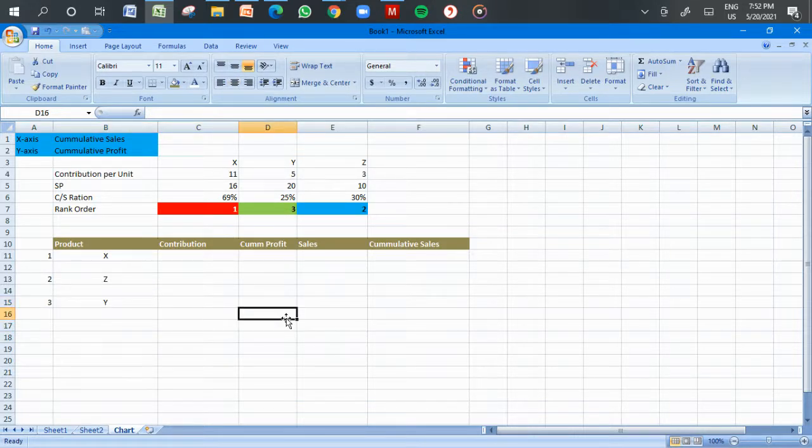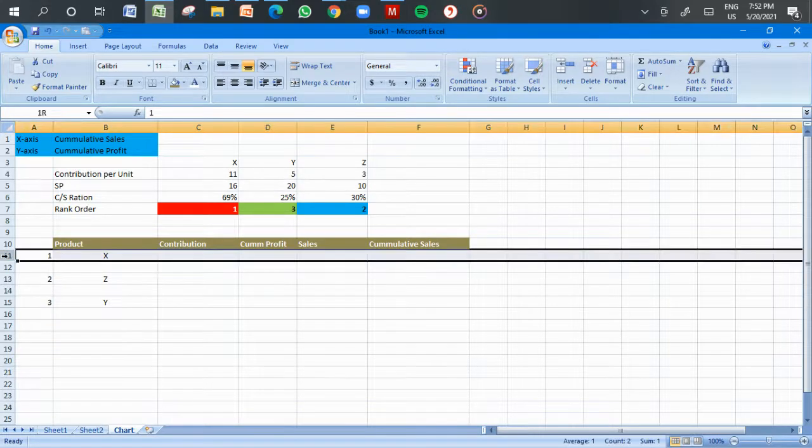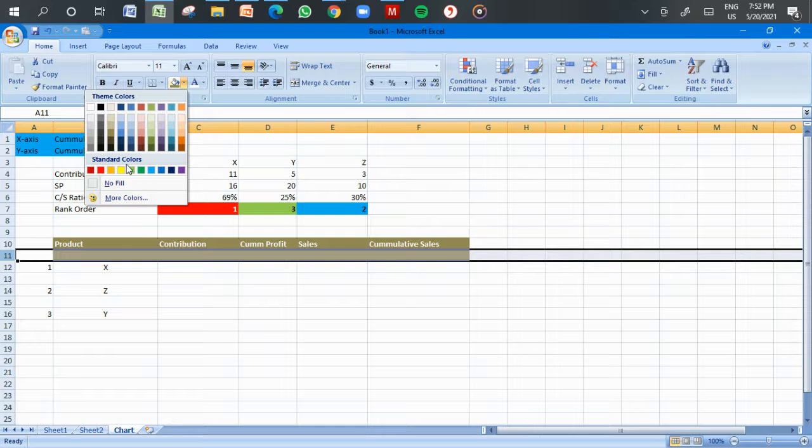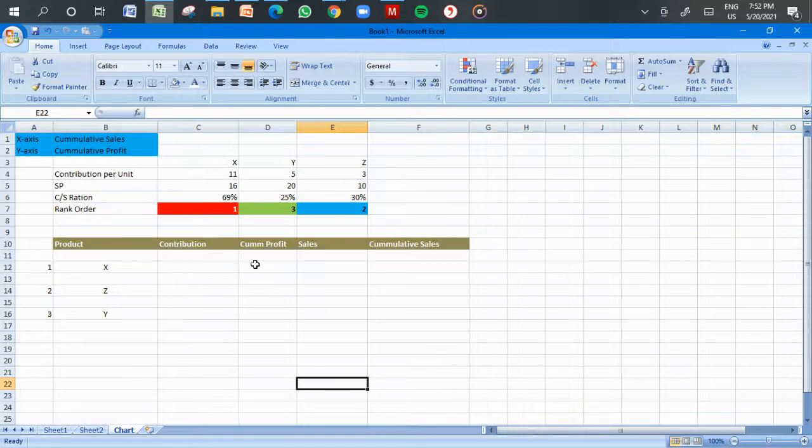So the assumption is that we are going to produce these products according to this rank order. What is the contribution for X? Before we calculate it, let's put another line here. Before we produce anything, we already have a loss of 450, which is our fixed costs. So before we produce anything, we already have a loss of 450,000.